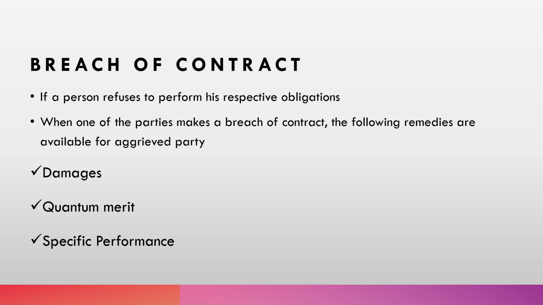He had to do 100% of the work but has done only 30%, so he will get an amount for only 30%. And specific performance means, suppose you need an orthopedic surgeon for your hospital and you have made a contract accordingly, but you are not getting an orthopedic surgeon, and someone from another medical field comes instead. This is not happening as per the contract. You agreed to get professionals or specialists to do the work as per your requirement. It is not happening, so there will be a breach of contract, and you can file a case against him.